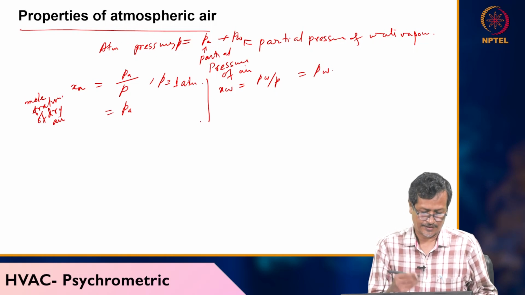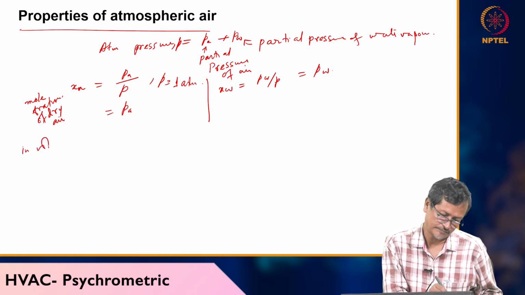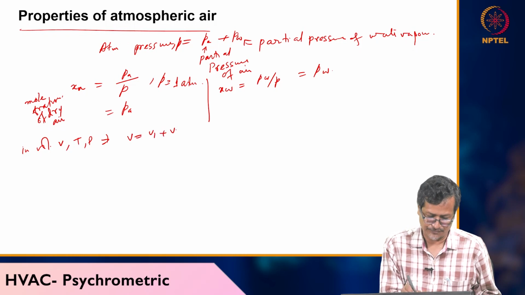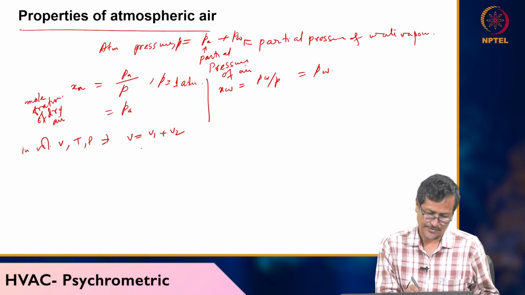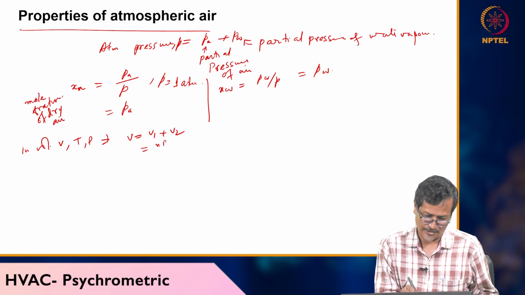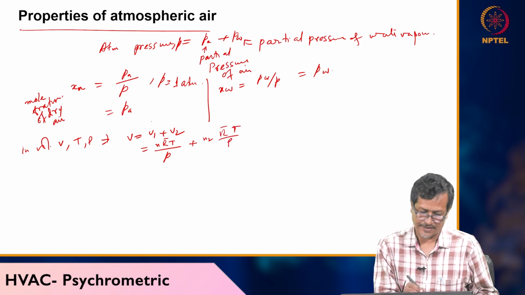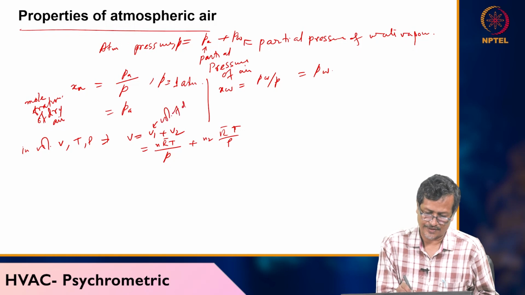Okay, in volume, temperature and pressure, V equals V1 plus V2. So if we use this formula, it is N1 RT by P plus N2 RT by P. So V1 is the volume of dry air and V2 the volume of water vapor.